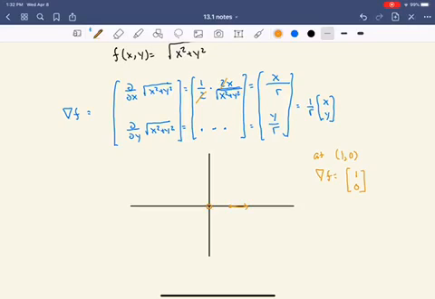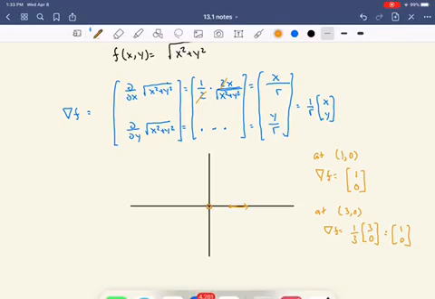Now, that's actually going to happen for any point. So if I go to, let's say, (3, 0), the gradient of f is going to be 1 over 3 times (3, 0), which is still the vector (1, 0).